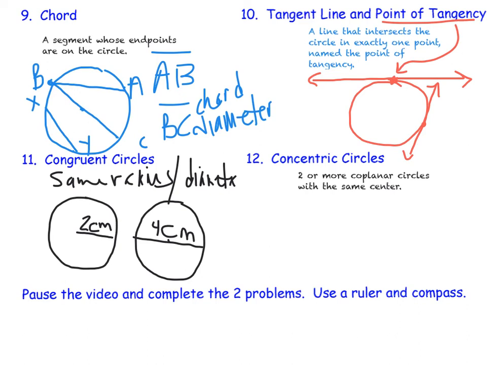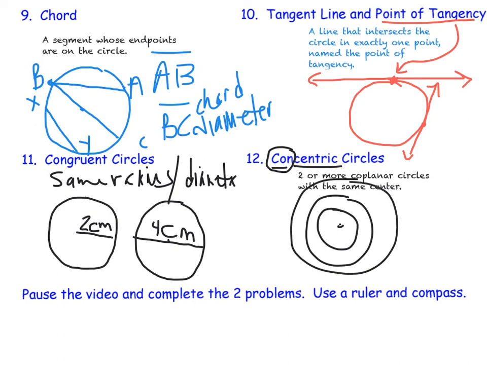Concentric circles: two or more coplanar circles with the same center. Notice the breakdown of the word concentric. Basically it's with the same center. So you have a center point, you have a circle, and another circle, and another circle. You can have as many concentric circles as you want.